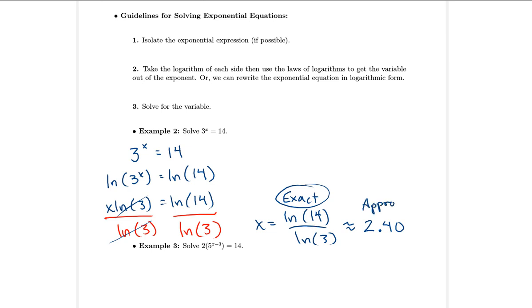Approximate is where you've pulled out your calculator and given me some number that's been rounded. All right. Now, just as a side note here, what would the other approach have been? The other approach would have been to rewrite this in logarithmic form. So I would have said x equals the log base 3 of 14.